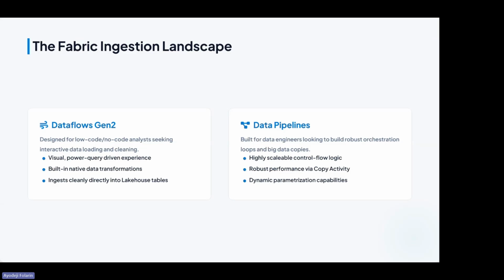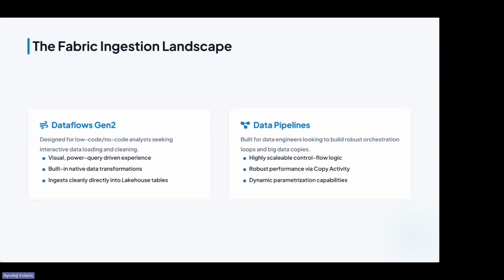So if you really want to prove yourself and flex your muscle, you are welcome into the data pipeline. But if you want to achieve results without really flexing your muscle, you just want to click, then go with Dataflow Gen2.